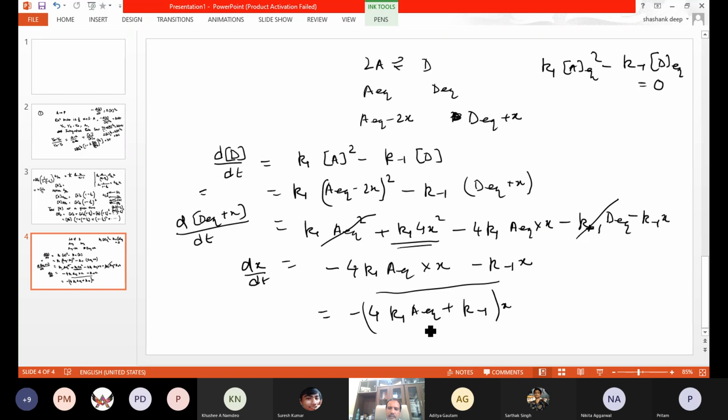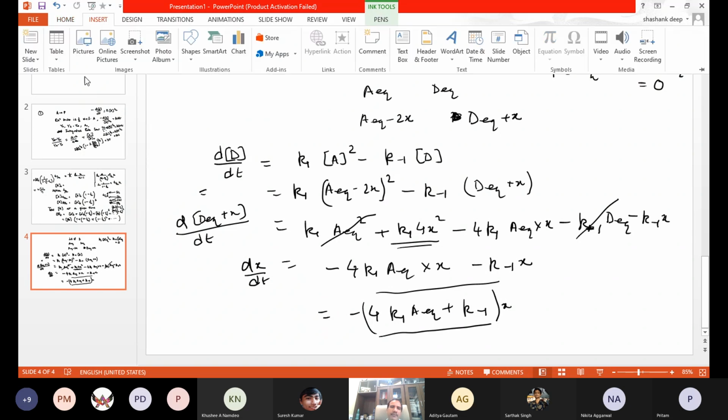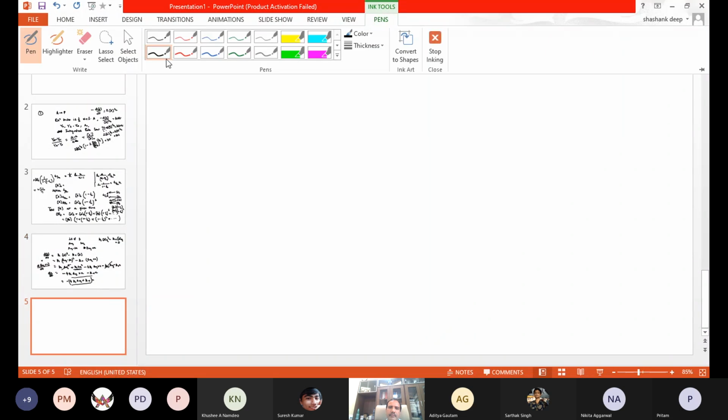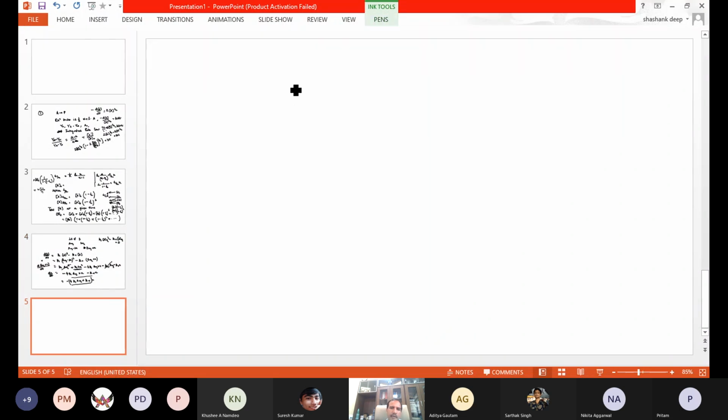So what will the relaxation time be? Inverse of relaxation time should be equal to this. Am I right? So let us write 1 by tau, the relaxation time, is equal to 4 k1 A equilibrium plus k minus 1.